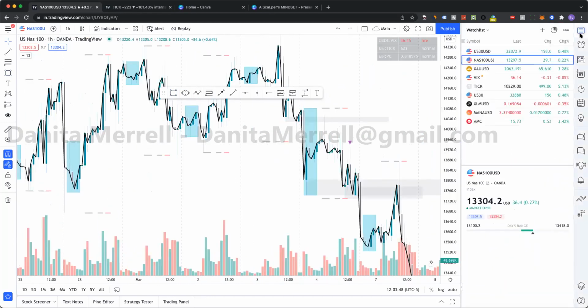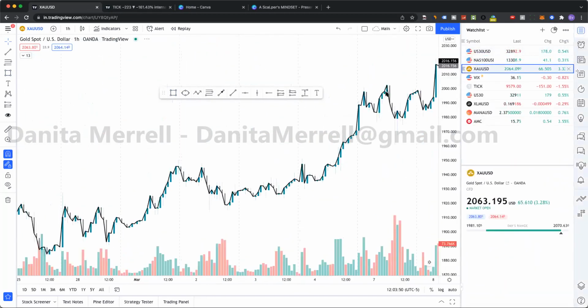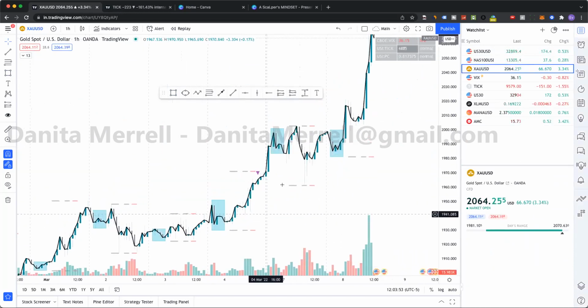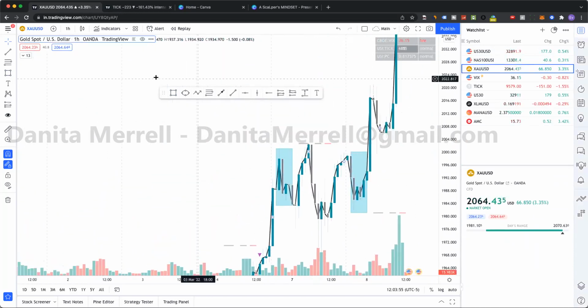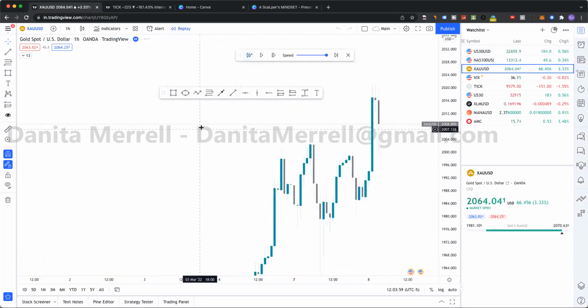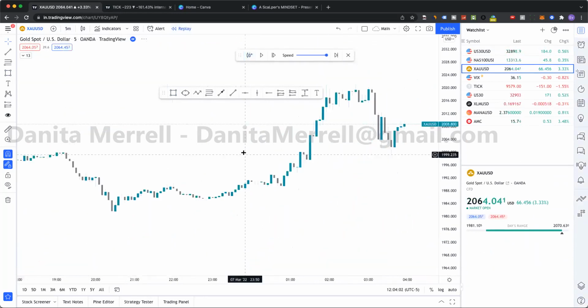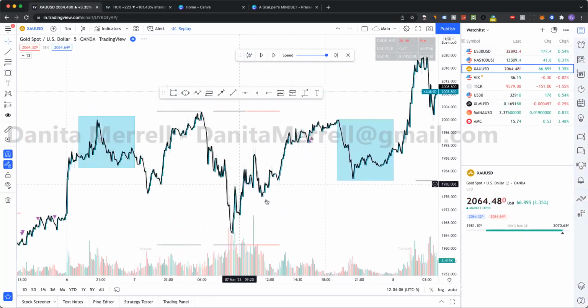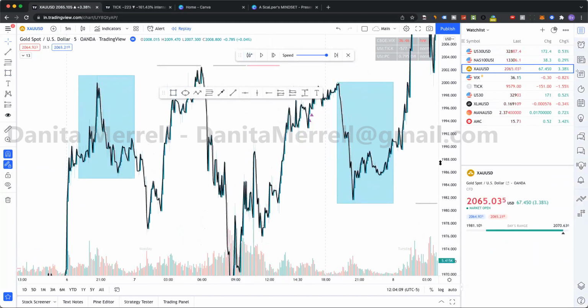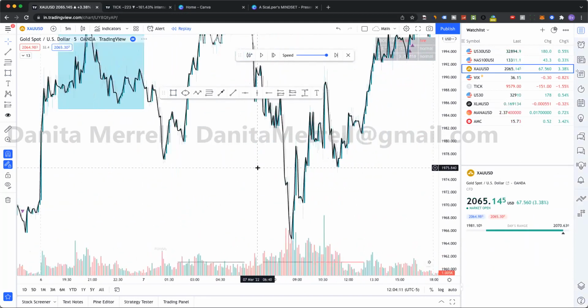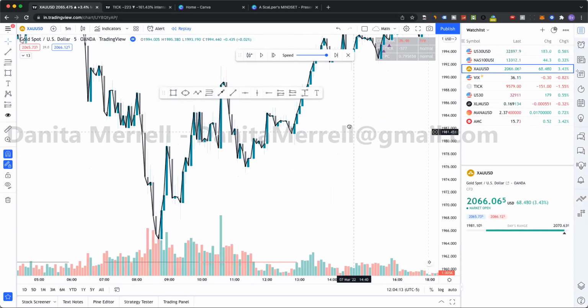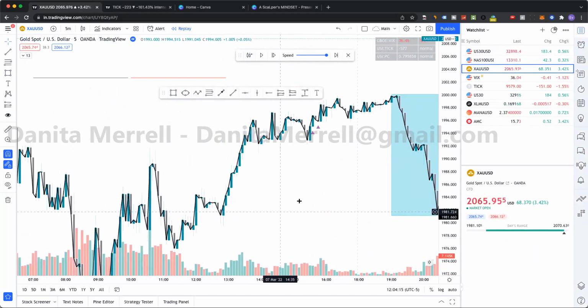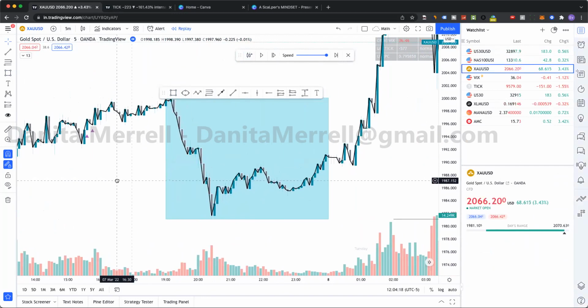There was a really good one on gold that I told you guys to mark out for this lesson. So on gold, in this zone on M5, I believe it was. Where was it? I believe it was, maybe it was over here more. Oh yeah, right here.